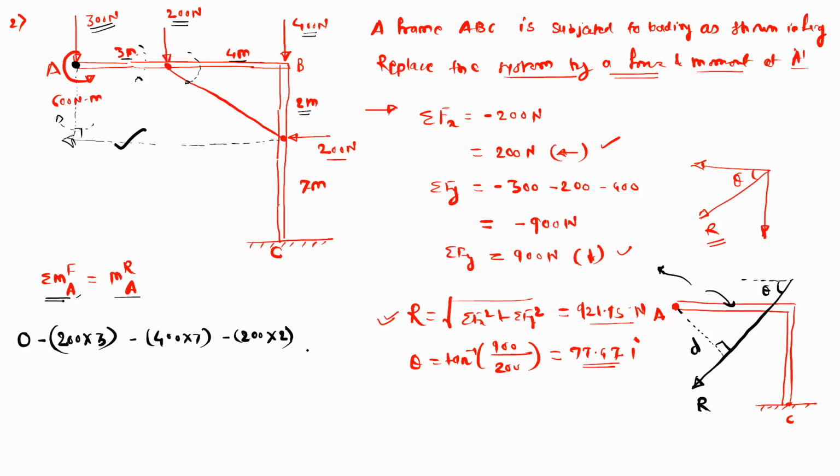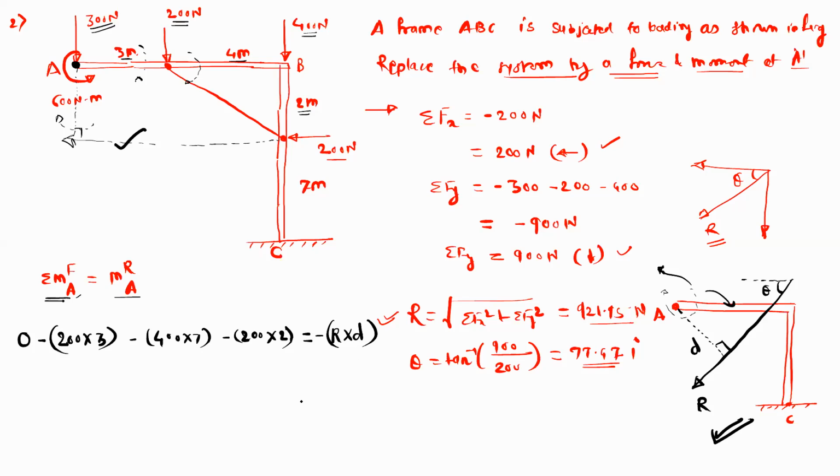So this is the summation of moment. It is equal to the moment by the resultant, so R into distance D. If you observe the resultant diagram, this moment will be in the clockwise direction, so this is again negative.